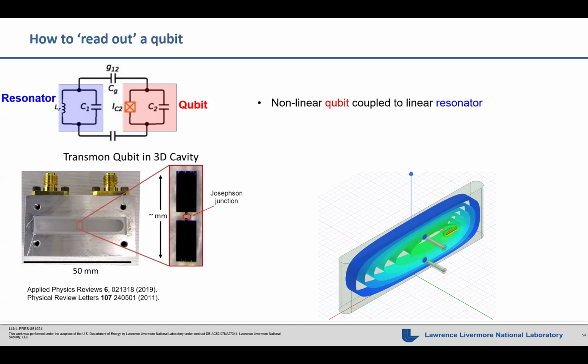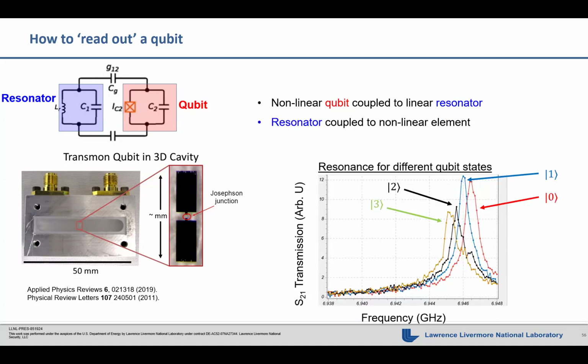So how does this work? There's some capacitance coupling. When my readout resonator is oscillating, it has some component that's interacting with the qubit. So it's putting current over that Josephson junction, which means that when my Josephson junction moves, I get a slight shift in frequency. And so this is what it looks like when I look at my readout resonator for different qubit states. This is transmission as a function of frequency.